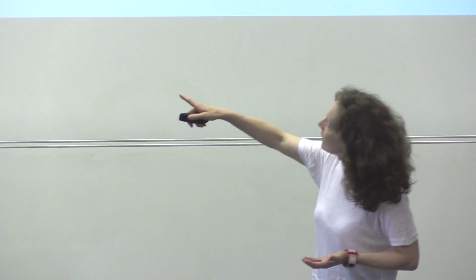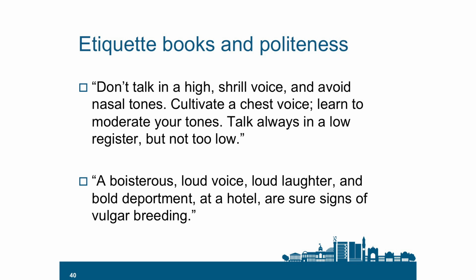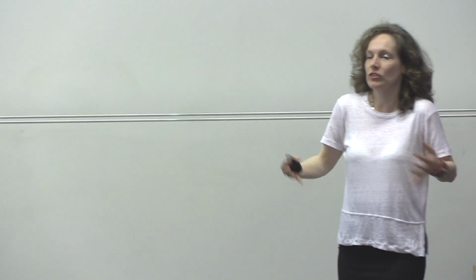I don't have that much time, so I don't read the top one, but there is: a boisterous, loud voice, loud laughter, bold, are sure signs of vulgar breeding. So you can see how what happens in the description in the novel is actually linked to contextual information.